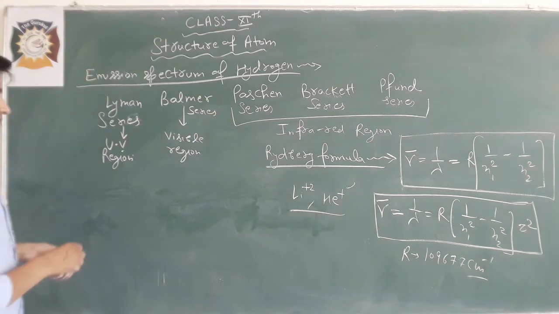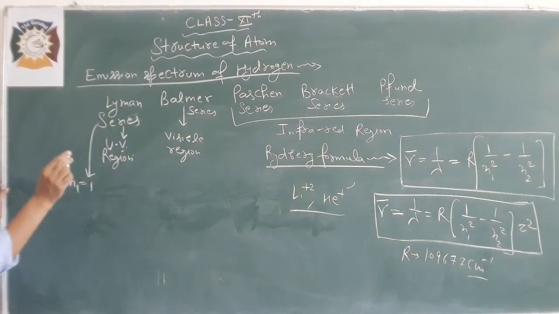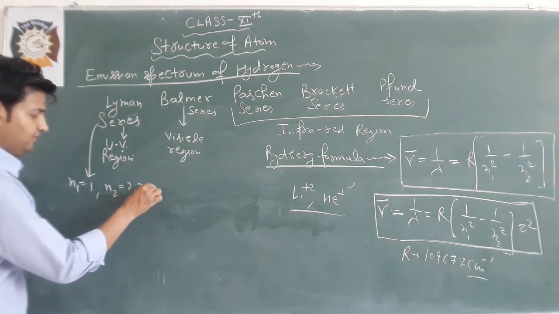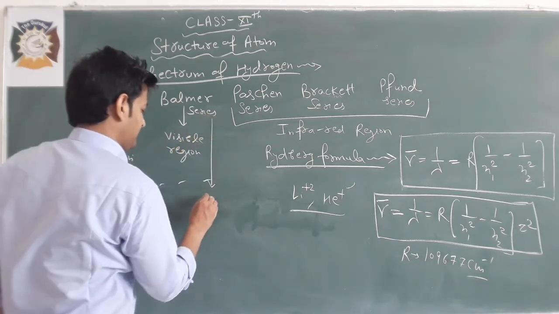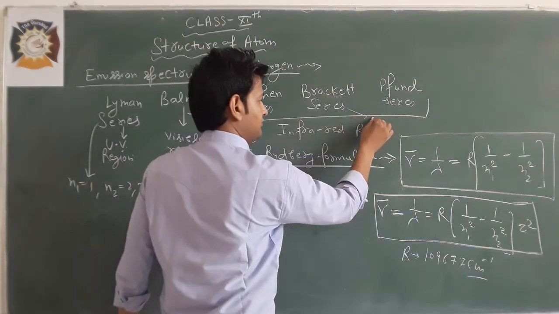Lyman series is obtained when n1 is equal to 1, and n2 will be 2, 3, 4, 5, 6 and so on. And Balmer series is obtained when n1 is equal to 2, n2 is 3, 4, 5.